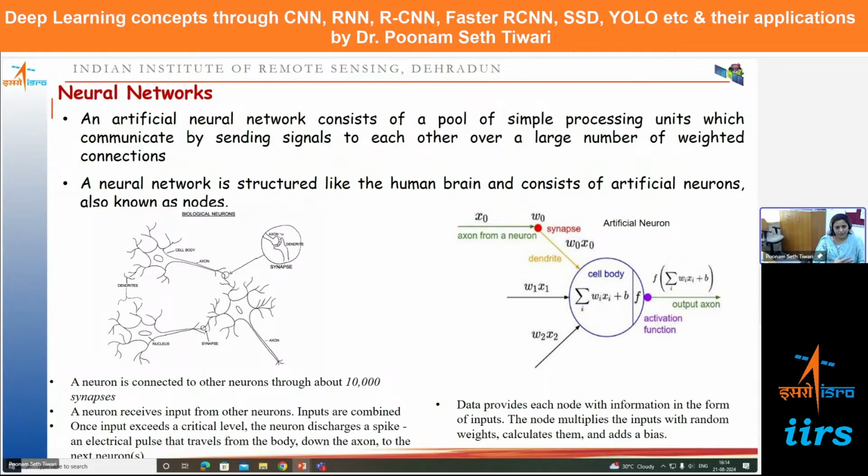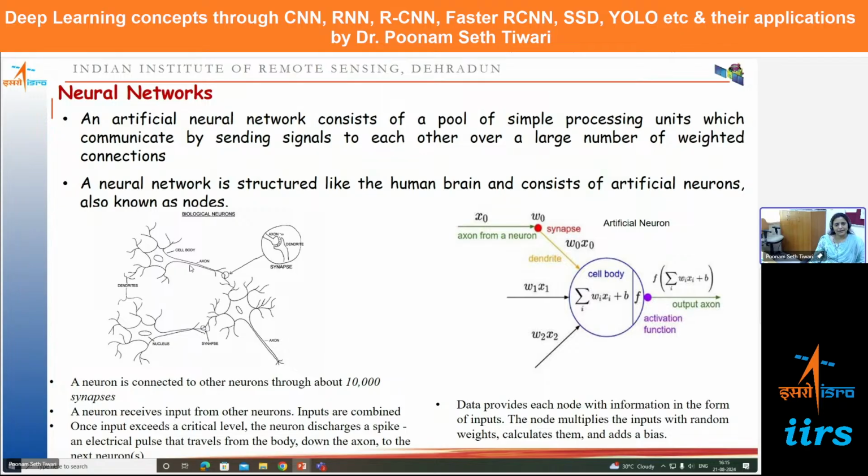Now, if there are any biology students, they would be able to remember that our nerves are made up of neurons. Neurons are single cells of nerves. In a neuron, there is one cell body and a lot of connecting structures, which we call dendrites.